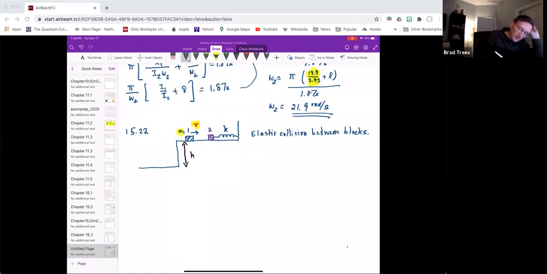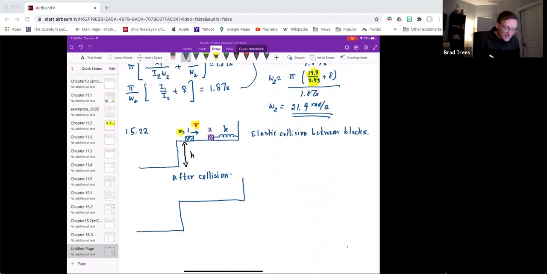But after the collision, here's what happens. Block 2, which is connected to that spring, is oscillating back and forth with simple harmonic motion, because we've created a simple harmonic oscillator. We've got block 2 to oscillate, and I'm told what period it has for that oscillation.